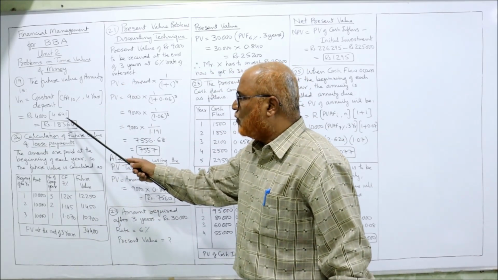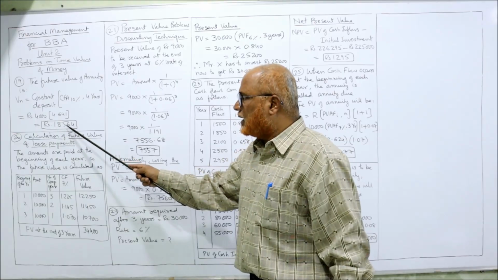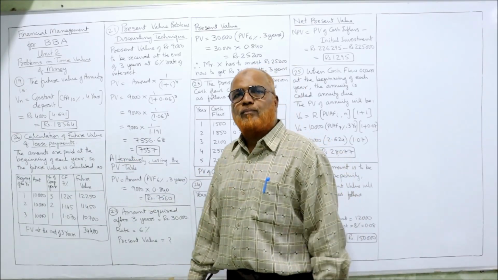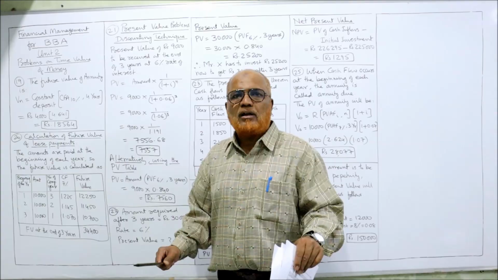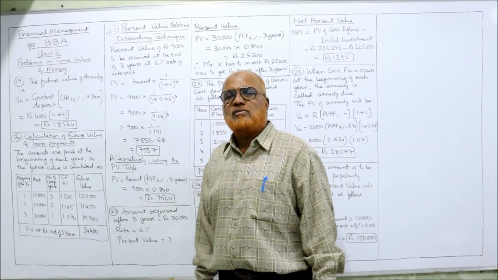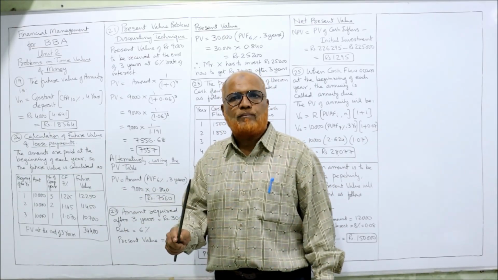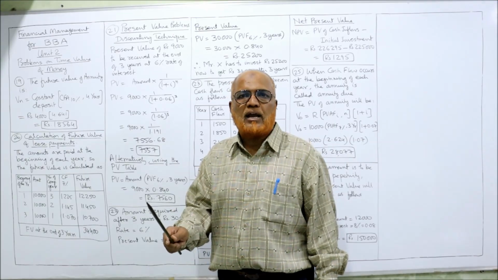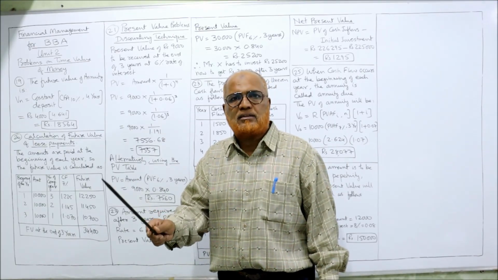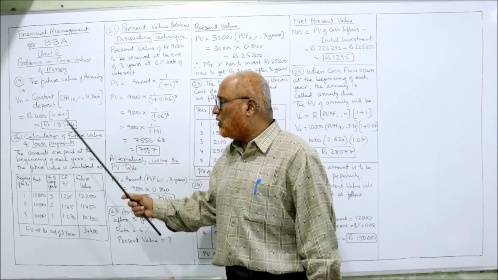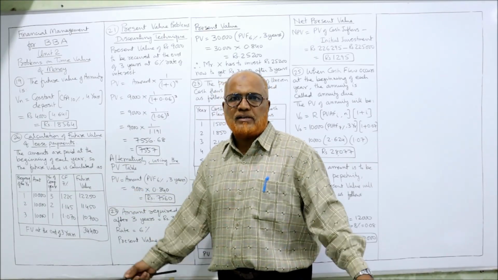So here I have taken 4.641. Multiplying, you will get 18,564. So at the end of the fourth year, the person will get 18,564 if he deposits 4,000 every year end: first year, second year, third year, fourth year.